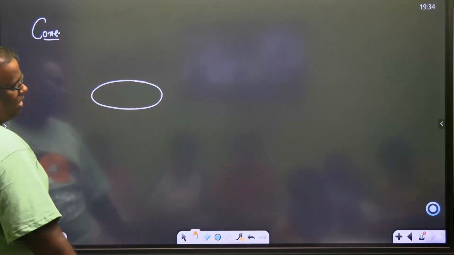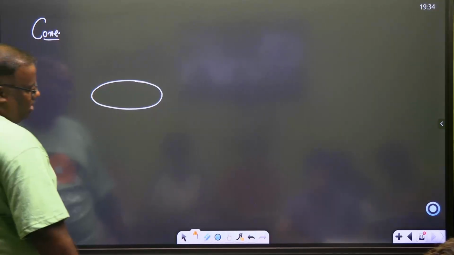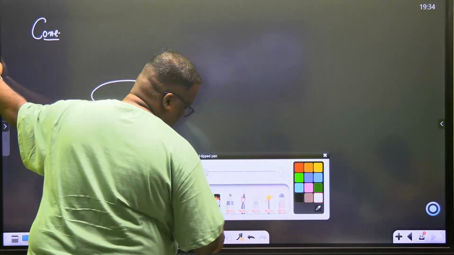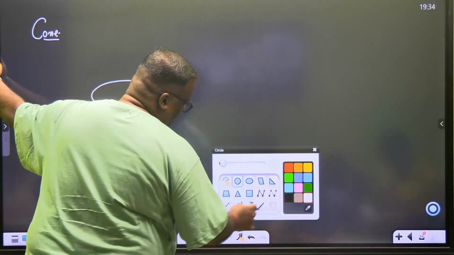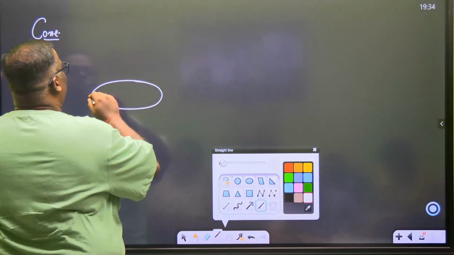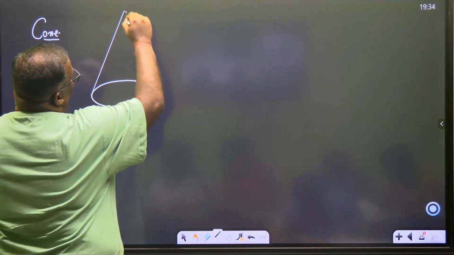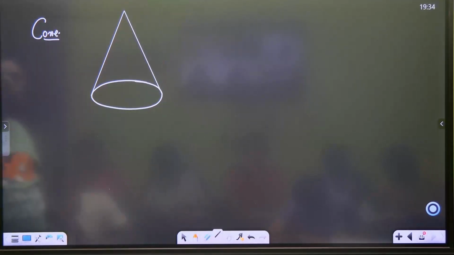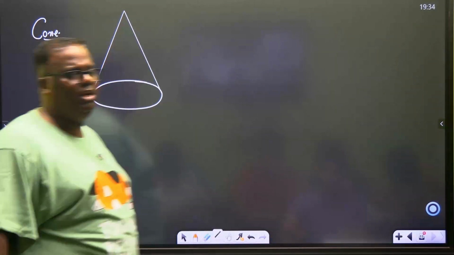A cone has a circular base, and when you study integration, it becomes so interesting how the formulas of the cone came up. This is a cone. Now think how somebody must have made a cone.